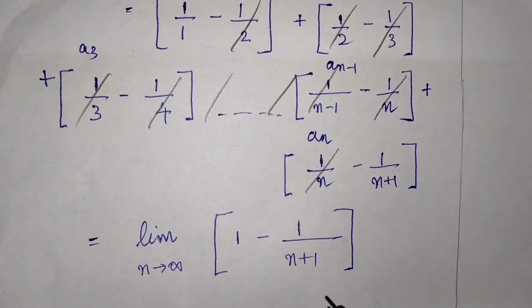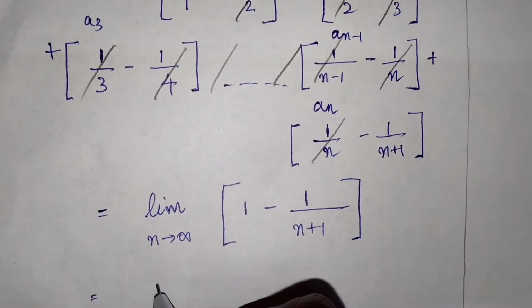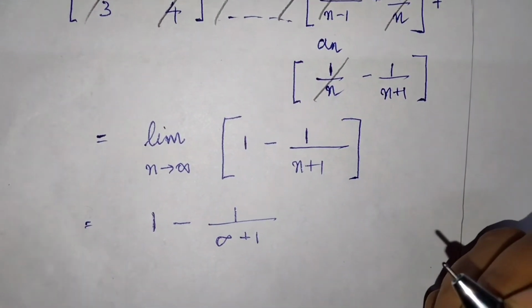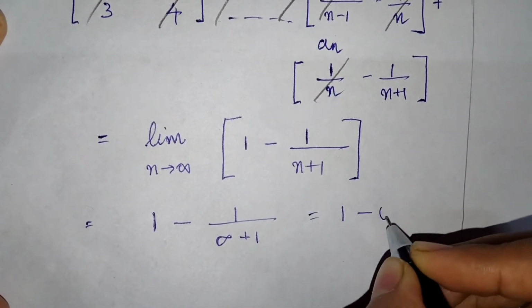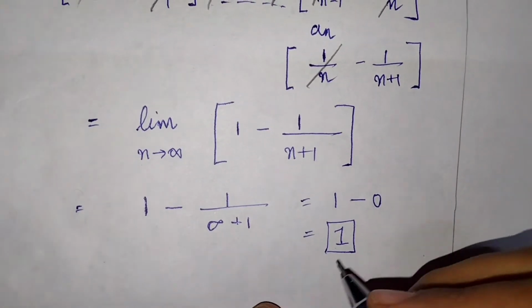So here, if I put limit n equal to infinity, then we will get 1 minus 1 upon infinity plus 1, and 1 upon infinity is 0, so 1 minus 0, so we got 1. That is, we got a finite value.